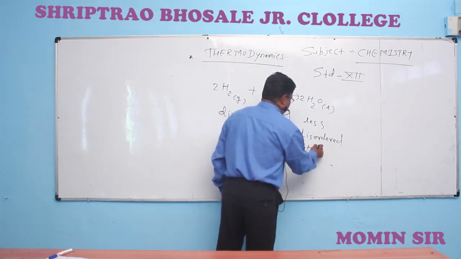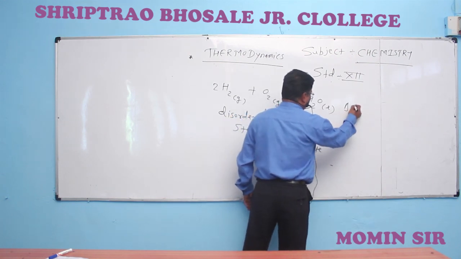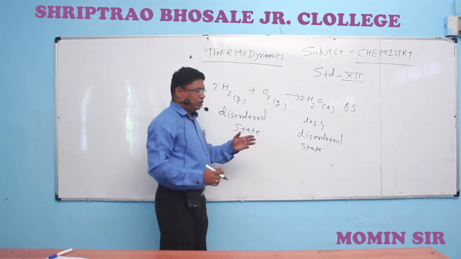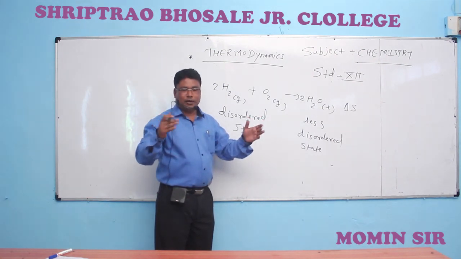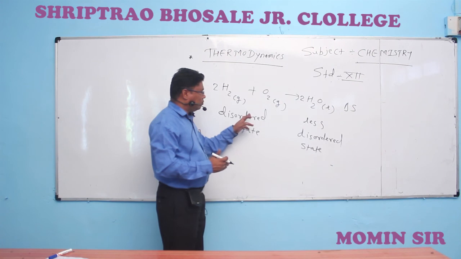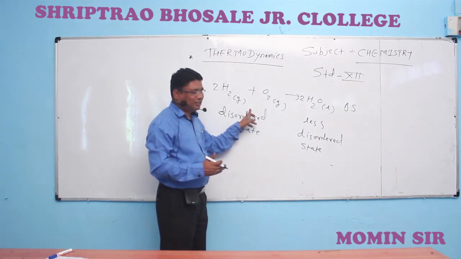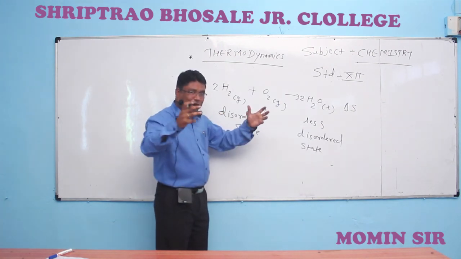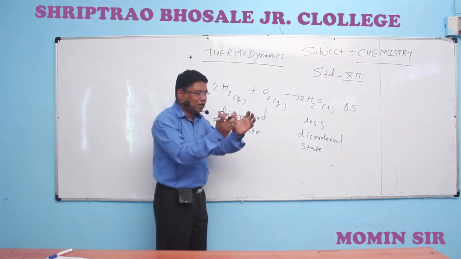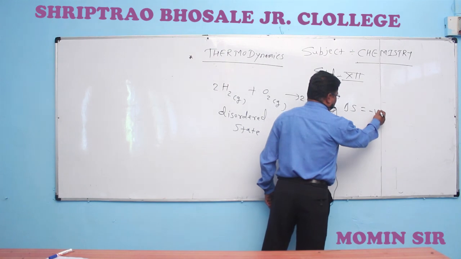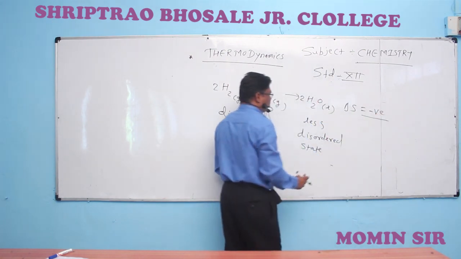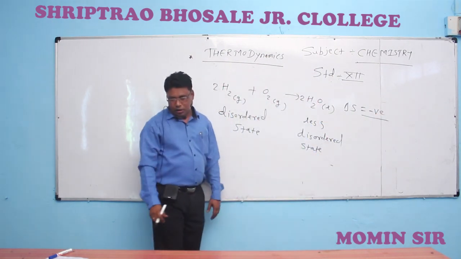When randomness increases, delta S is positive, but here randomness decreases. The molecules which are far away from each other in the gaseous state come close to each other. That means obviously the value of delta S for this process is found to be negative.